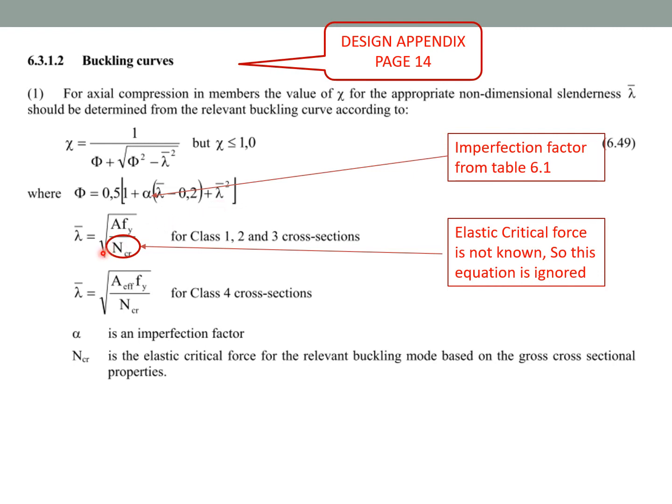It's given here that lambda prime is equal to the square root of A Fy divided by NCR. However, the value of NCR is unknown, so we cannot use this equation. We are going to use another equation to calculate lambda prime.